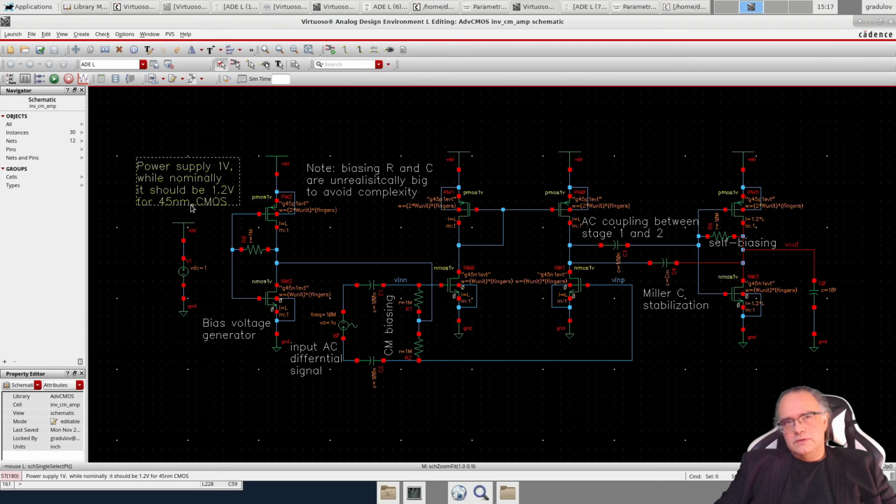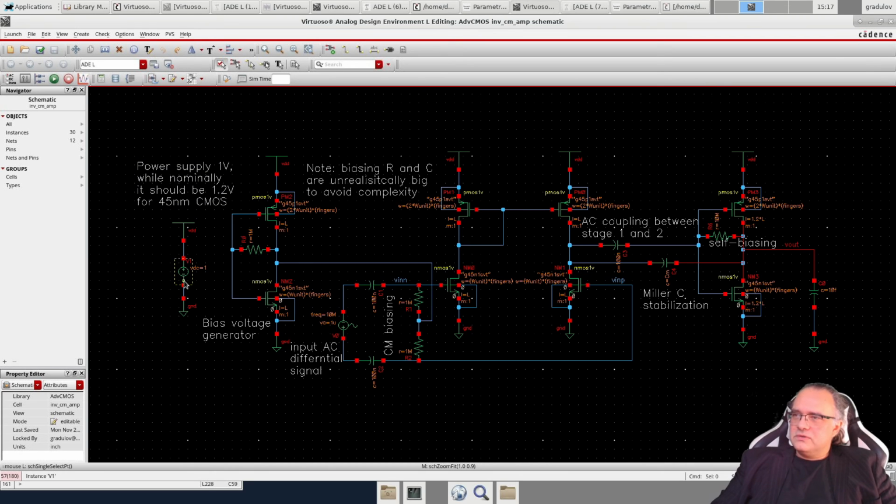Usually for this integrated circuit technology of 45 nanometer CMOS, we would use 1.2 volts. But I intentionally designed with 1 volt to leave some margins for further optimizations if needed, and also to make the illustrative example a little bit more difficult.